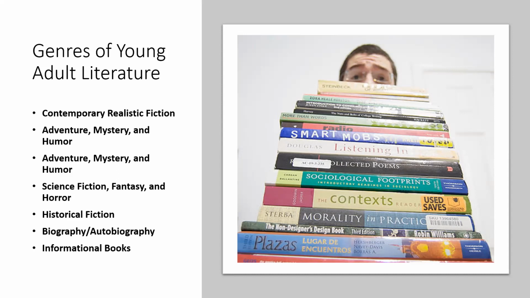Okay. So, while many adolescents read fiction, others also enjoy well-written informational books. So, authors, writers, publishers try to meet young adults' needs and expectations by providing books on timely topics that are written on appropriate reading and interest levels.